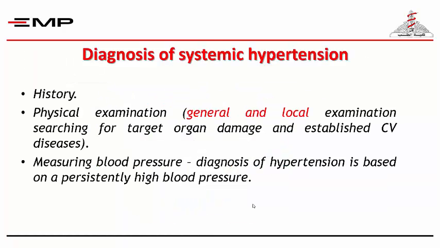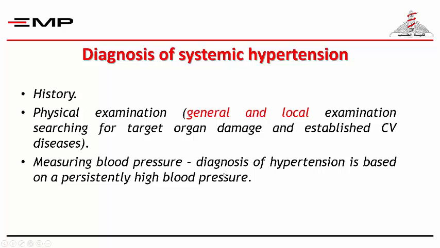Getting to the diagnosis of systemic hypertension, it's made in the usual steps by history, proper physical examination, including general and local examination, which searches for target organ damage and established cardiovascular diseases and risk factors, and measuring blood pressure.